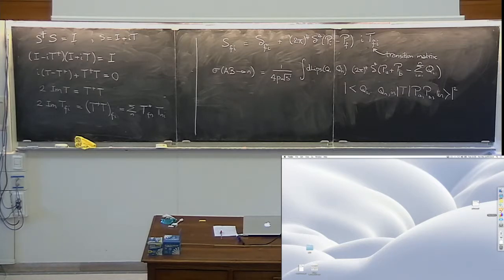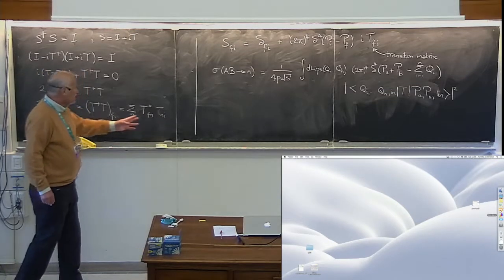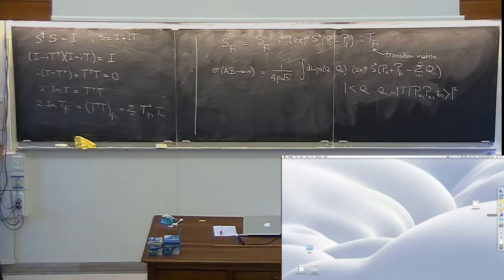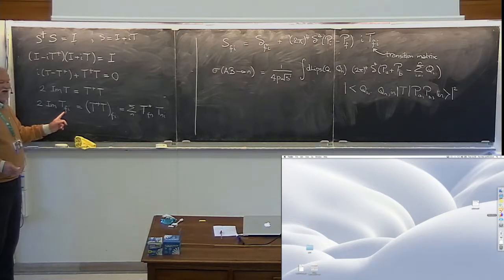Now, a particularly useful case that tells you something rather important is what happens if the initial state and the final state are the same. So we have AB goes to AB, the same particles, and since the labels i and f label all of their momenta, all of their properties, there's a very particular case when the initial momenta and the final momenta are the same.